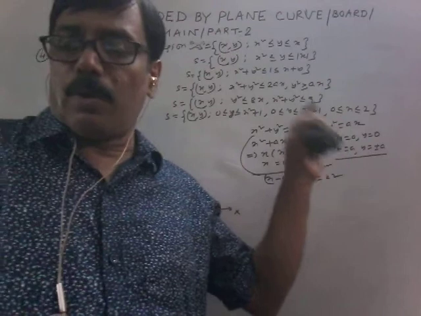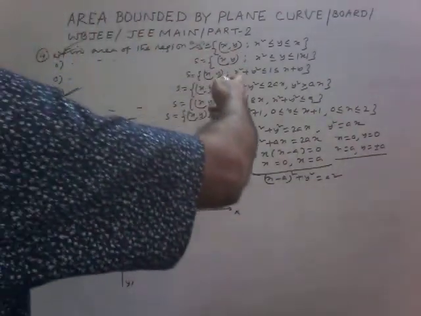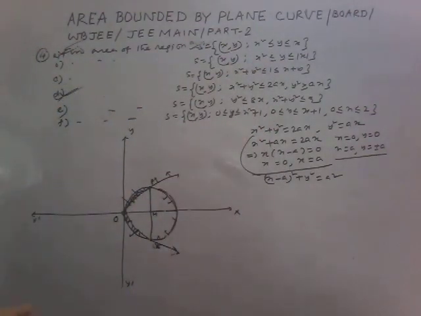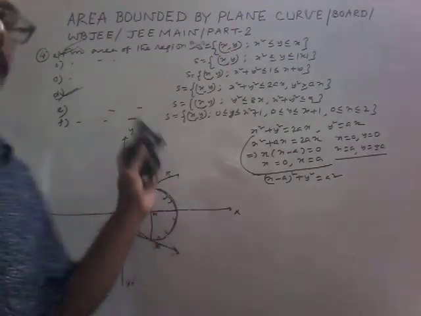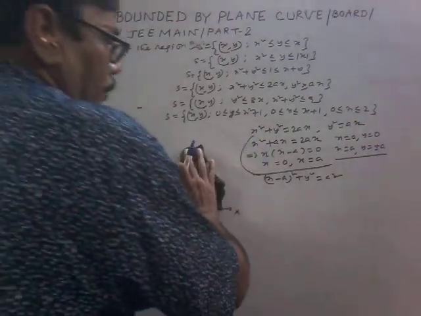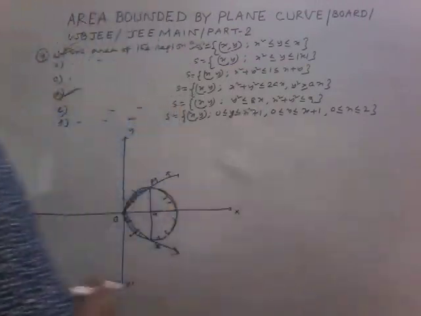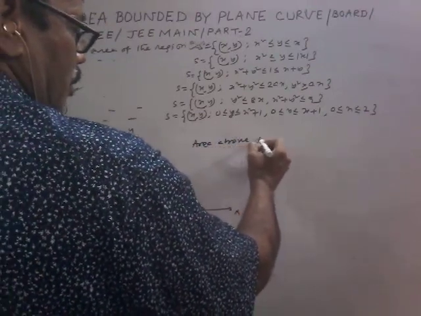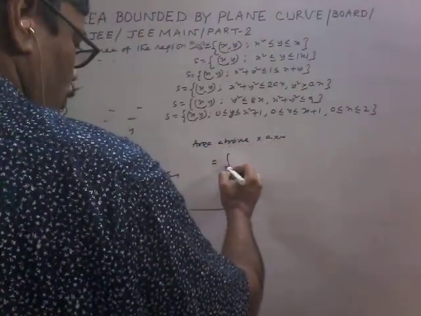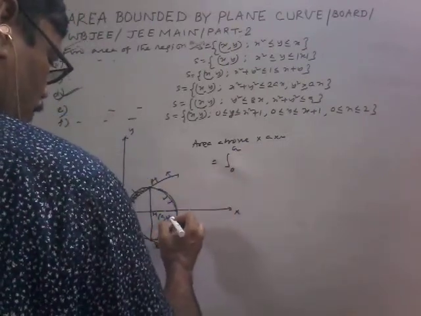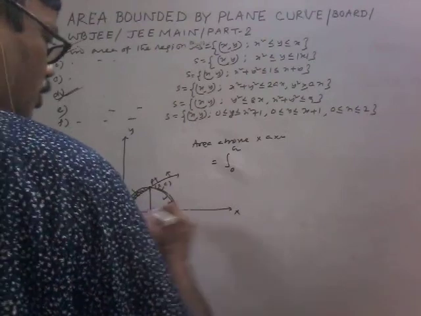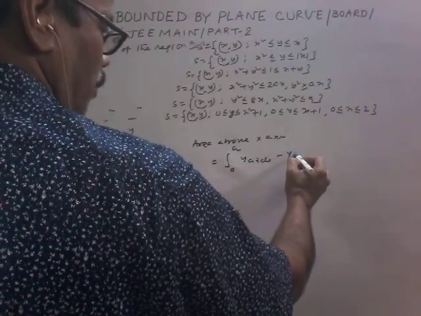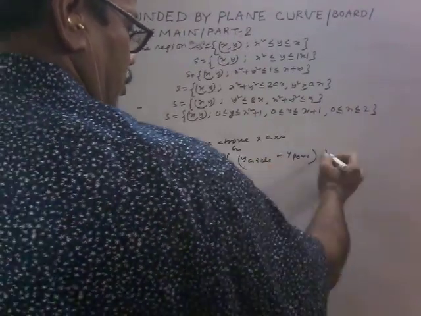So this problem in language: find the area bounded by x squared plus y squared equals 2ax and y squared equals ax. Now what is the area? Area above the x-axis equals the integral from 0 to a, this is (a, 0) because this is (a, a), of y circle minus y parabola, dx.